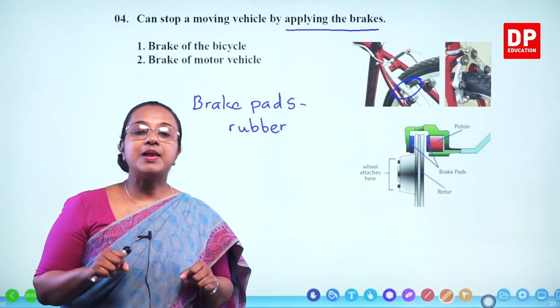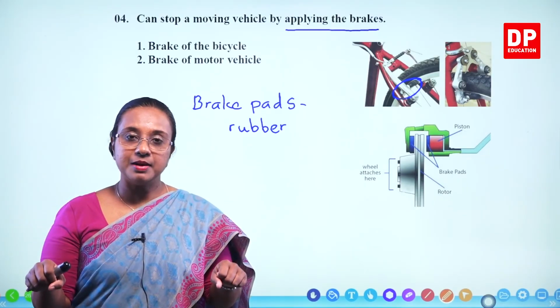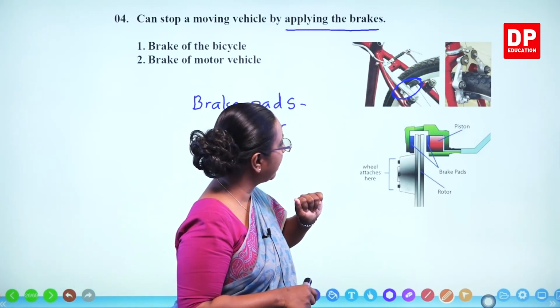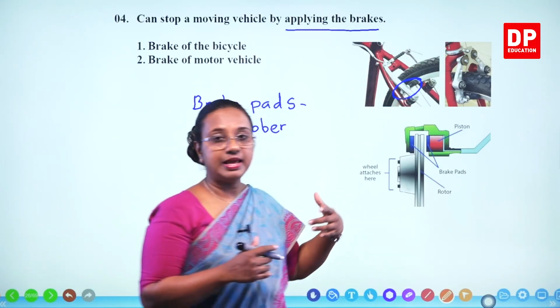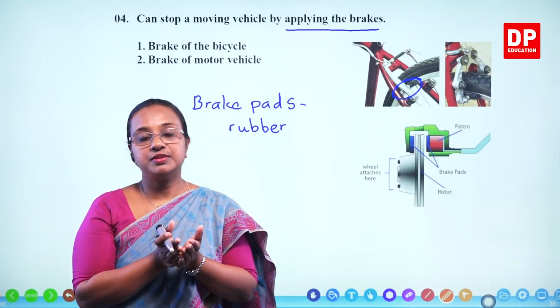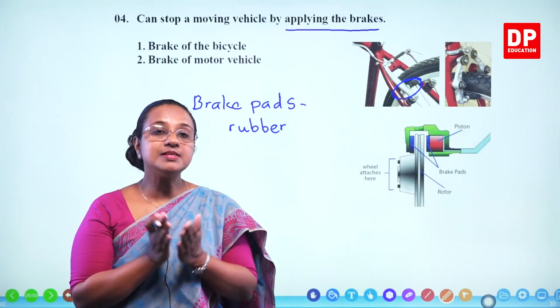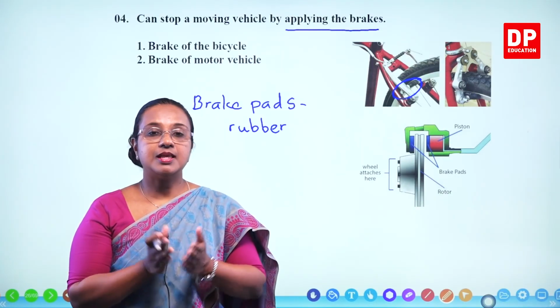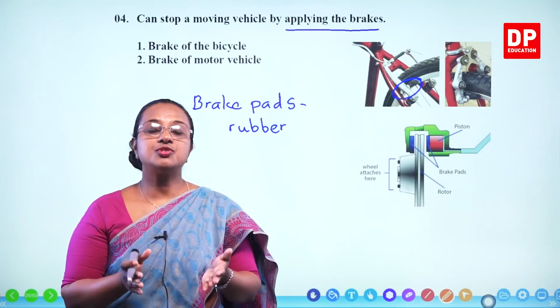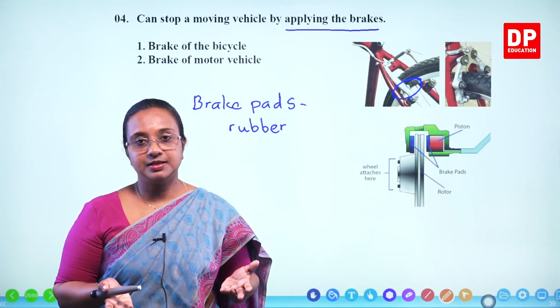So when you apply the brake from the handlebar, the connecting wires act on the brake pad and these two brake pads go and touch the rim of the wheel. And when the surfaces are rough, there is high friction.